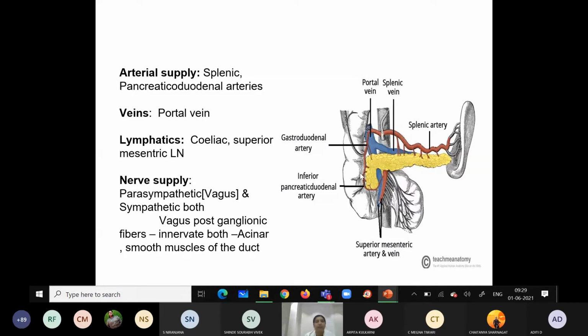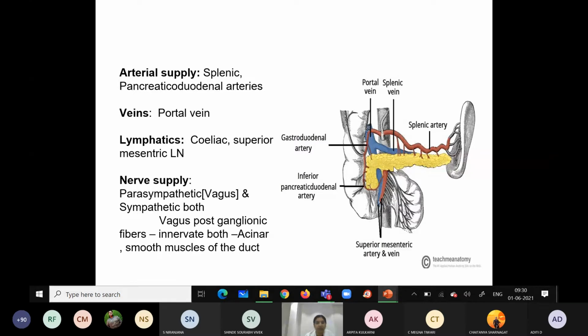Then coming to the nerve supply, it is important for us to understand the regulation of pancreatic juice. Okay, so basically you know that the vagus parasympathetic nerve is the main nerve that supplies the whole GIT.